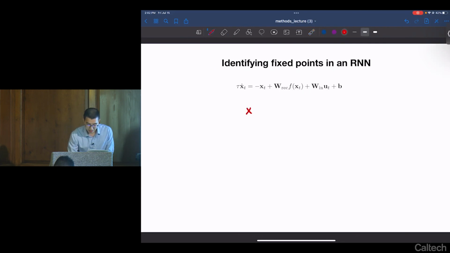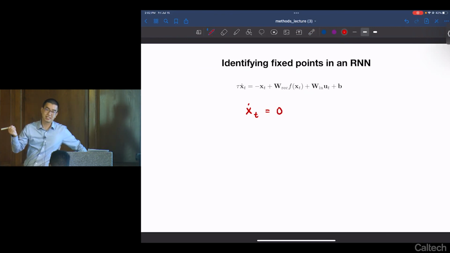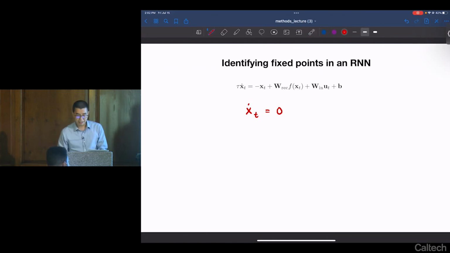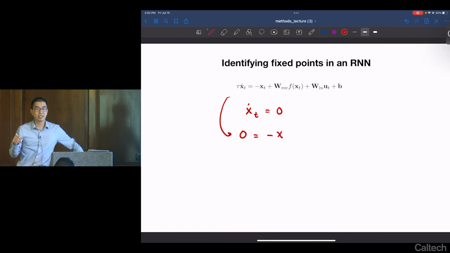The fixed points are those points for which x dot t equals 0. That the flow field is 0, which means my velocity is 0. If you're at a stable fixed point, then you stay there across all time. So if I set x dot t equals 0, that's saying that now my equation becomes 0 equals minus x. And because it's a stable fixed point, x of t is also going to stay in the same place across all time.